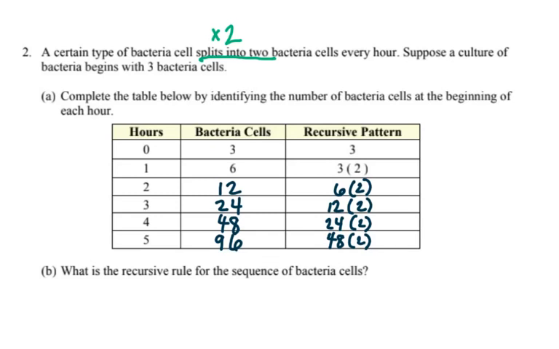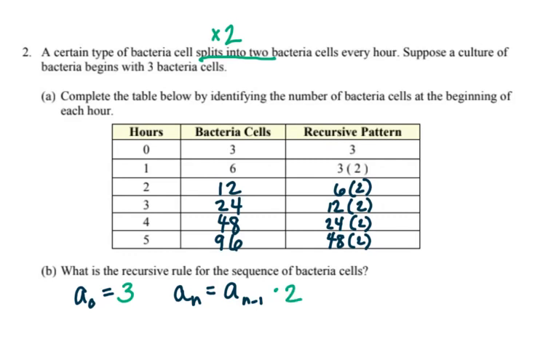So what is the recursive rule for the sequence of bacterial cells? Well, that's not a word. It starts with 3. So we're going to say, again, it's starting at 0 here, so I'm going to say a sub 0 equals 3. And then to get to the next term, we take the previous term, and what you can see we do over and over again is multiply by 2.